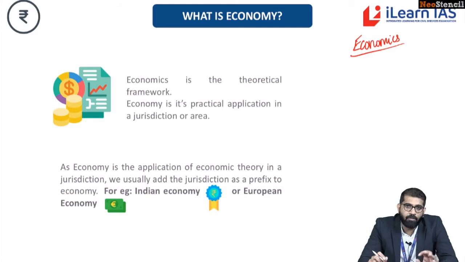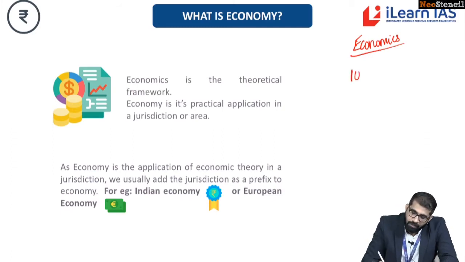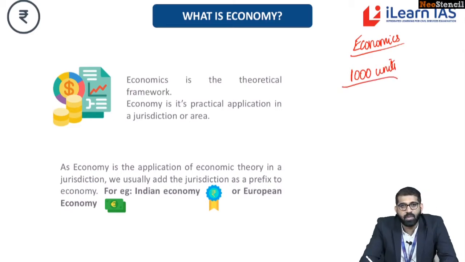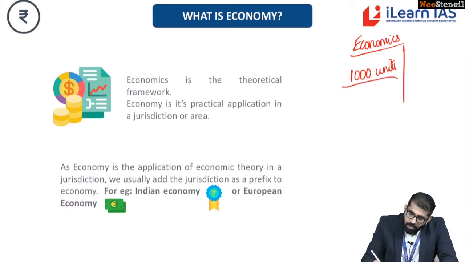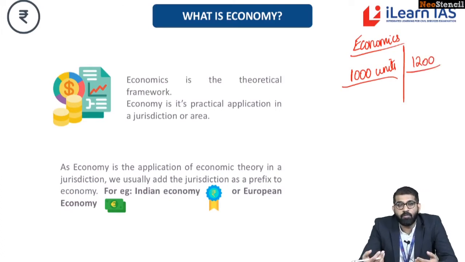Let's take an example of a product. Suppose a particular factory has produced 1000 units of a product. Clear? Now the demand for the product is 1200. More people are demanding. So the supply of the product is lower than the demand for the product.